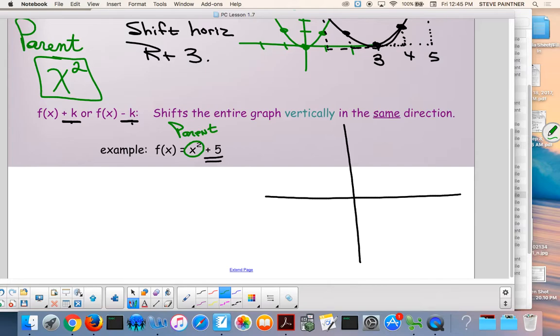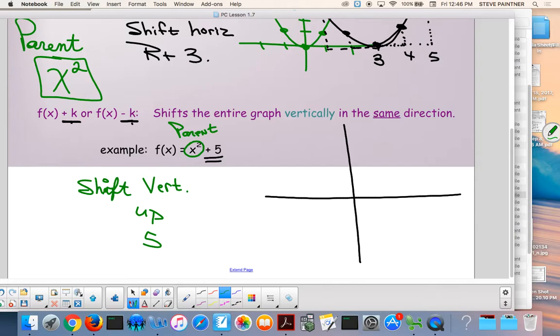So the plus 5 is what kind of shift? Vertically up 5. Okay, so where are you going to start? It's 5 times 0.5.